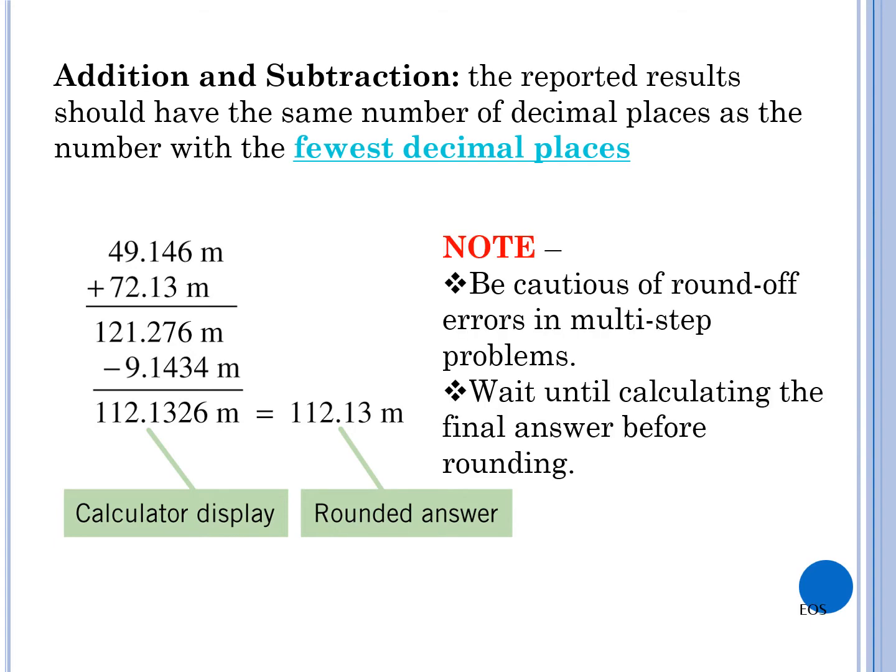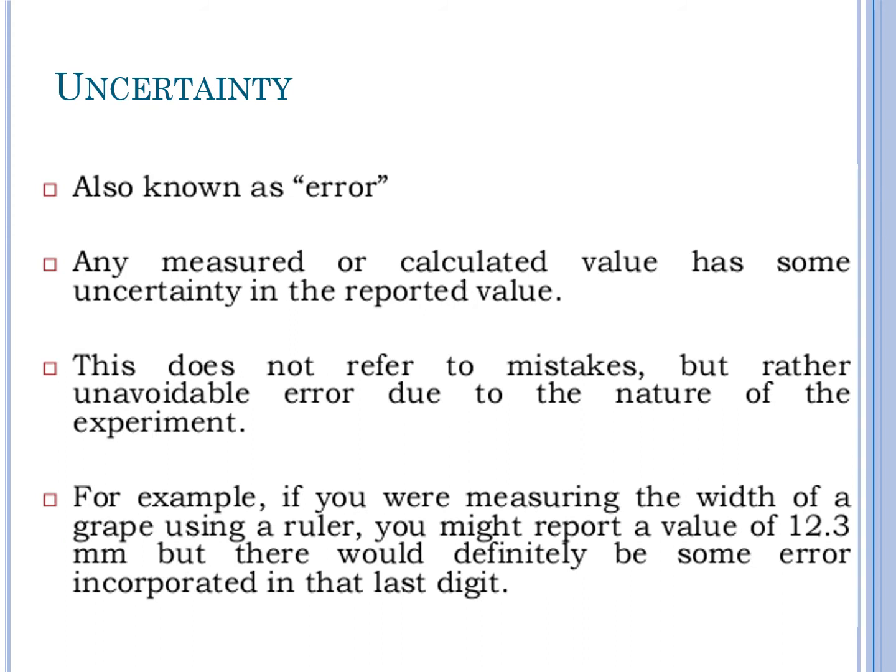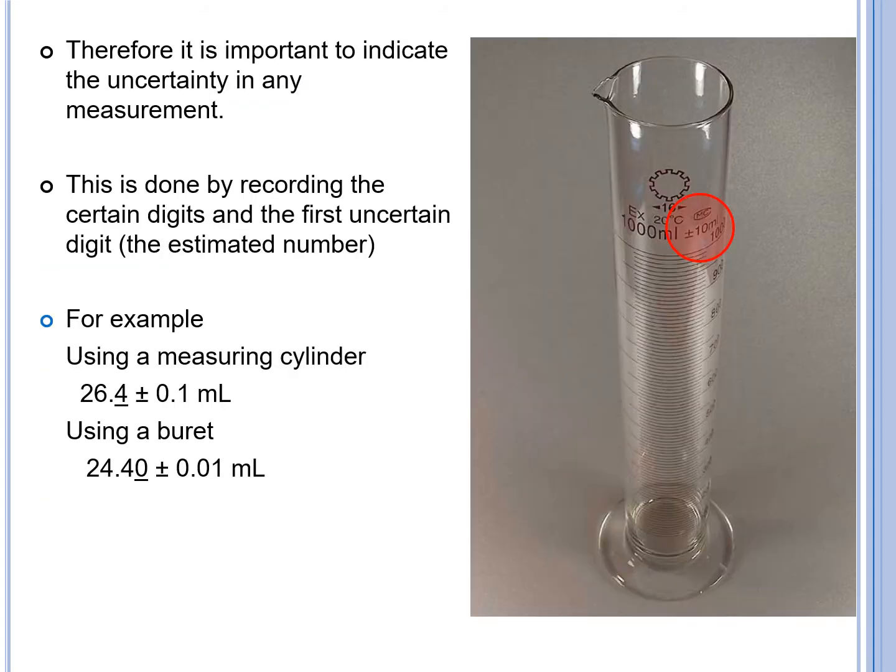There will be uncertainty and error in calculation, especially when we report values. For example, a burette measurement has plus minus 0.1, so our calculation will have uncertainty. With a measuring cylinder we have 26.4 plus minus 0.1 milliliter, and with a burette we have 24.40 plus minus 0.01 milliliter.